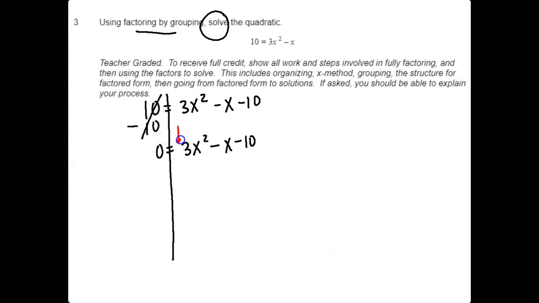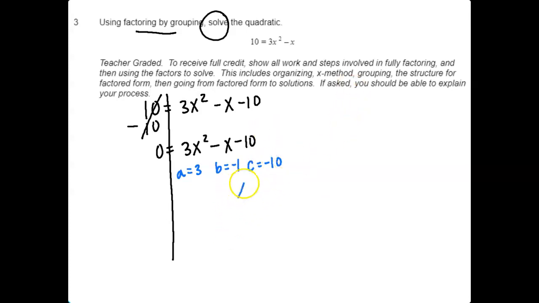Notice in front, this is positive, so I do not need to divide by a negative. And I can't divide 3 and -1 and -10 by a common number. So for this one, there's no GCF. So I do know then that my A is 3, my B is -1, and my C is -10.